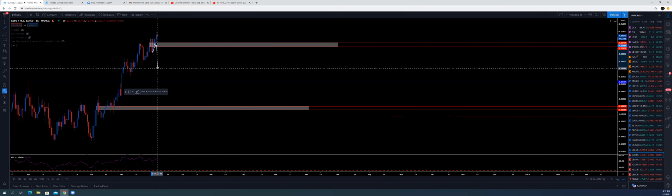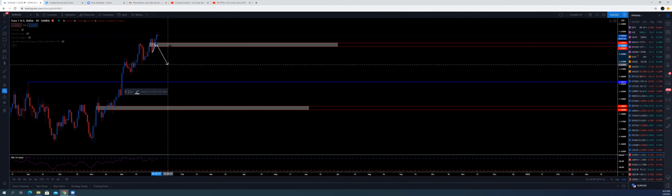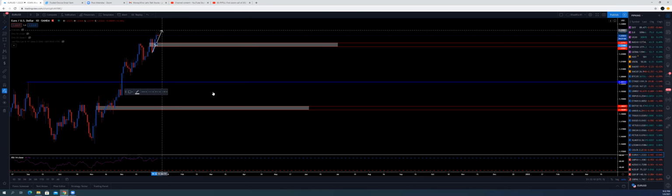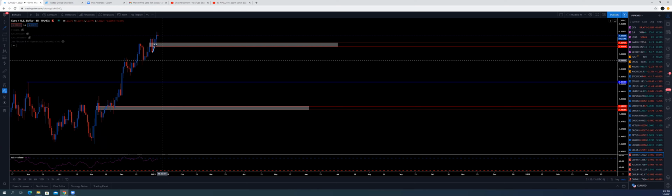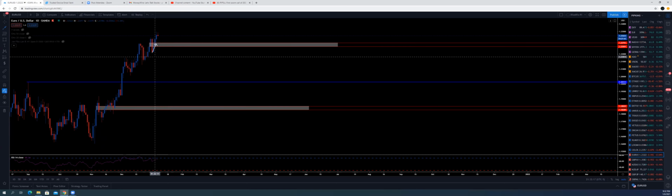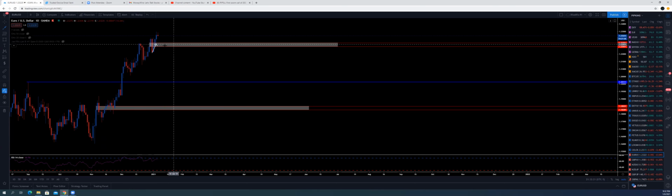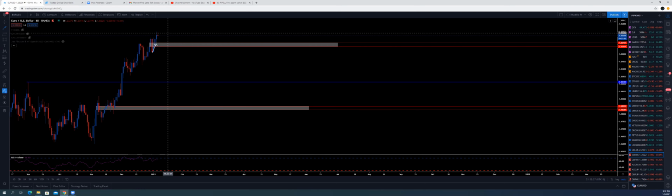But price decided to keep pushing to the upside, which is cool beans. I told you guys in case that did happen, we would wait for price to break above these price levels, retest, and keep pushing to the upside.